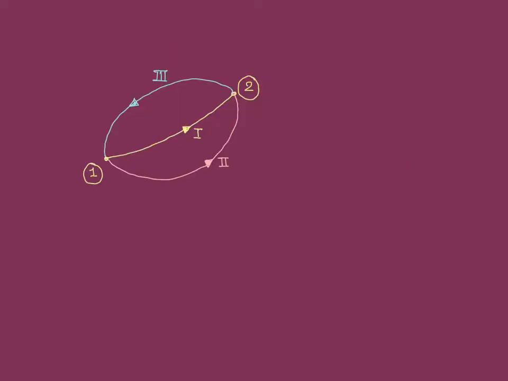So here consider the 2 points or 2 states, 1 and 2. And there are 3 paths here, given by path 1, path 2 and path 3.